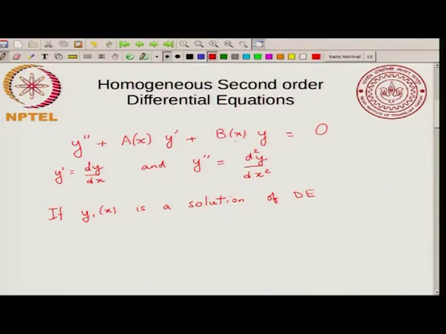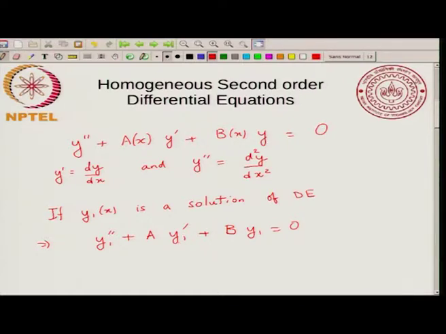That means y1 double prime plus a y1 prime plus b y1 equal to 0, and I have suppressed the dependence on x. These are all functions of x, but I am not writing the explicit dependence. So, if y1 is a solution, then it must satisfy this, that is why it is a solution, okay.